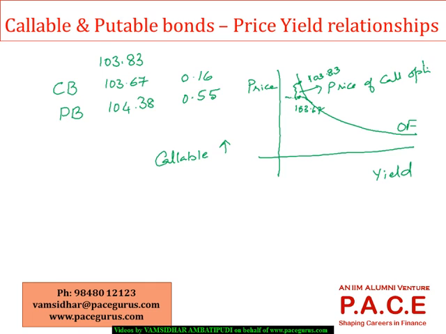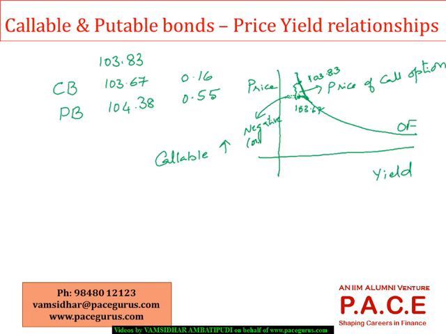So what we observe is, instead of taking this kind of convex path, the callable bond will actually take this kind of path, which is what we call negative convexity.